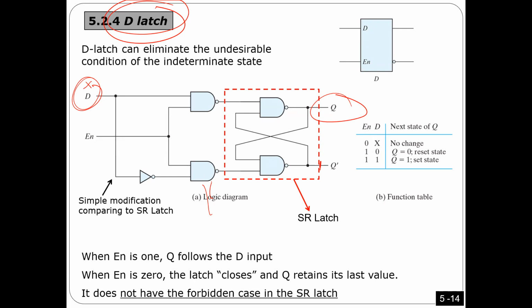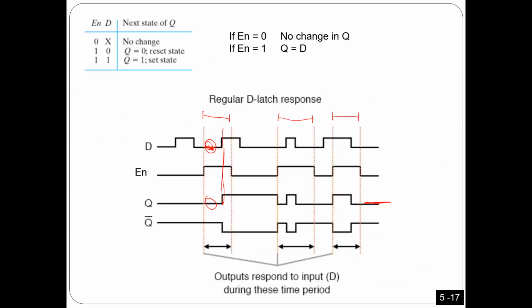To do that, I'm going to have a new input, which I'll call clock. And I'm going to show you how to force the hardware to take action only at rising or falling edges, not at every time. Any questions? I'm going to do very little modification to this circuit, as you see.